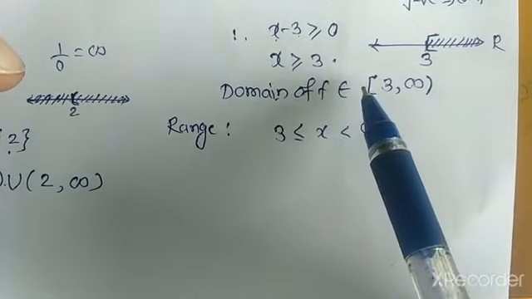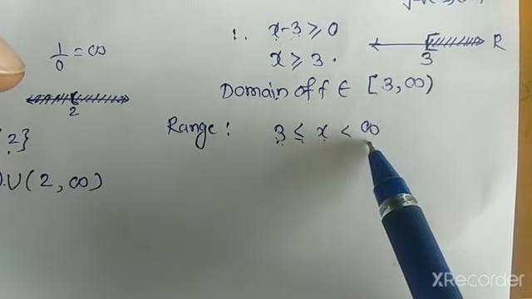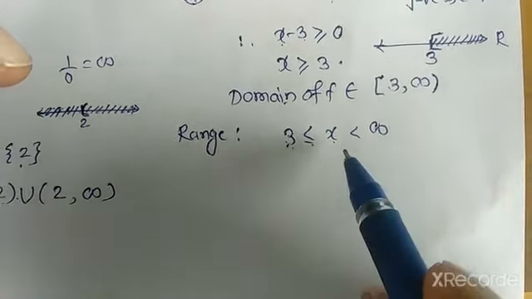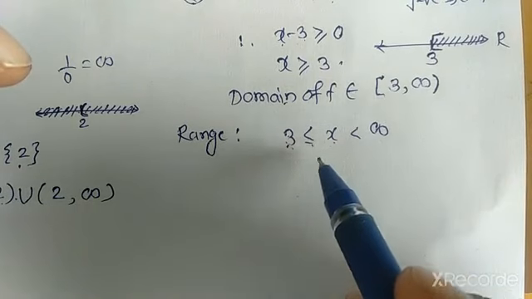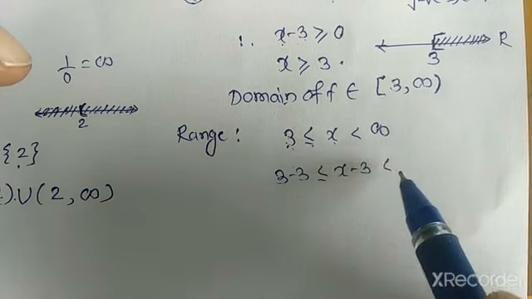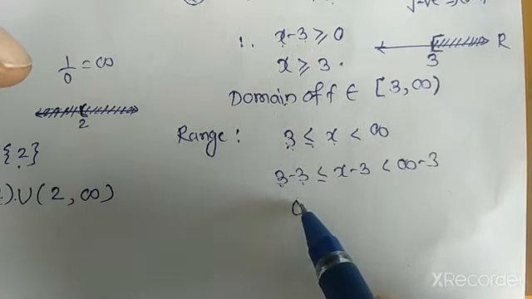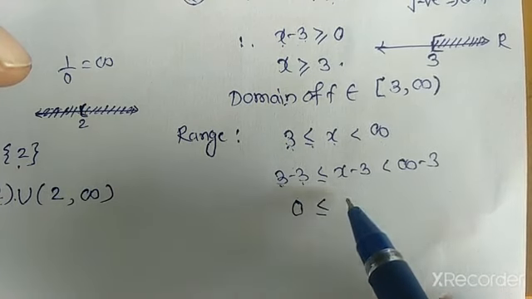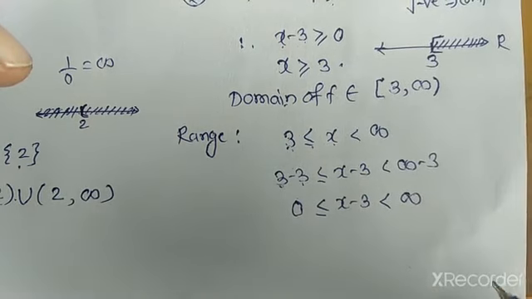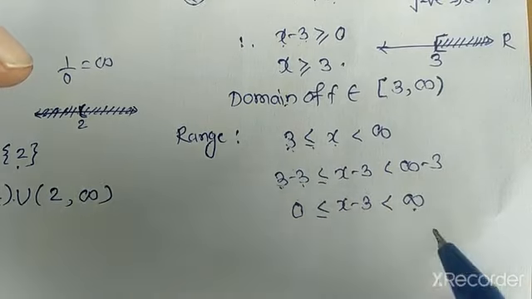Here it is a closed bracket at 3. Now our function is square root of x minus 3, so subtracting 3 throughout we get 3 minus 3 less than or equal to x minus 3 less than infinity minus 3. So 3 minus 3 is 0, less than or equal to x minus 3, less than infinity minus 3, which is infinity. When we subtract any number from infinity, it is always infinity only.